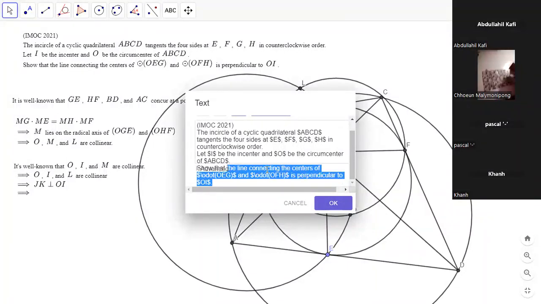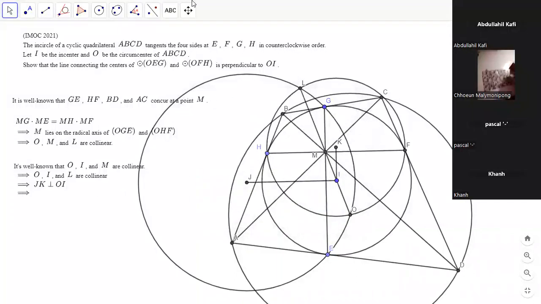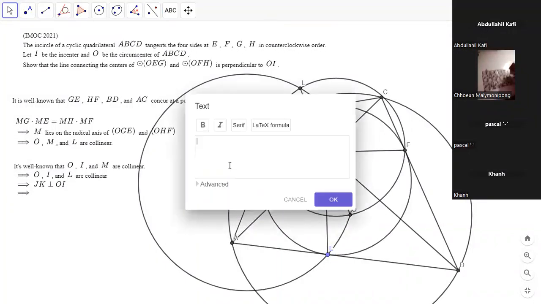Okay, so I'll just type it out. The circumcenters of OEG and OFH is perpendicular to OI.